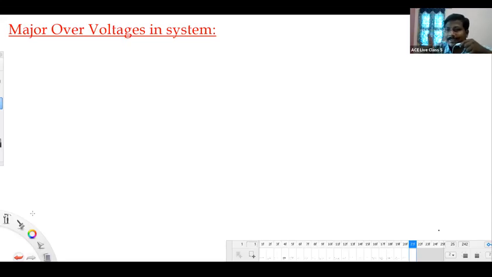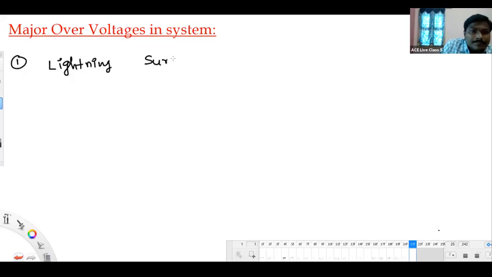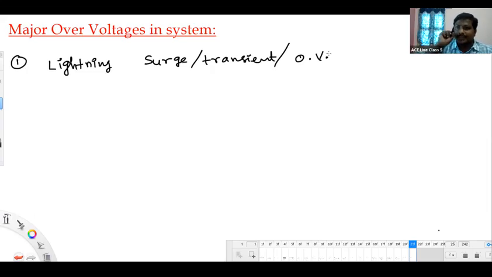Two. First one is lightning overvoltage, or lightning surge, lightning transient, any name. Second one, switching surge, transient or overvoltage. First one, lightning surge, or lightning transient, or lightning overvoltage. OV, I am writing OV in the sense of overvoltage.